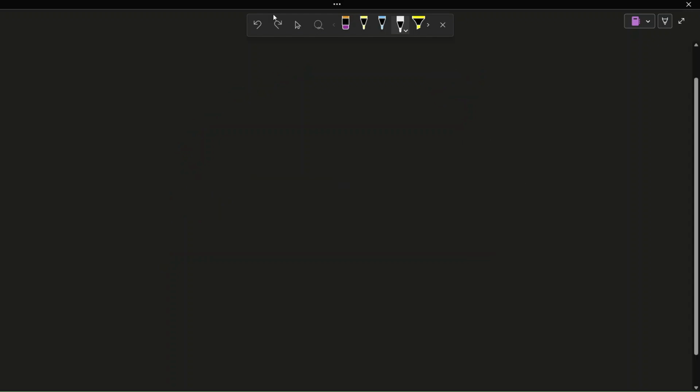Okay, so since we know the properties of logarithms, let's move on to the log rules. The first rule of logarithms is the addition rule. To summarize the whole addition rule, it just states that when you're adding two logarithms, the numbers get multiplied.